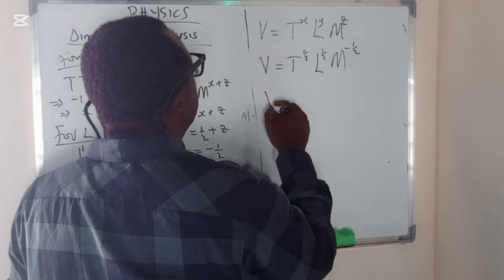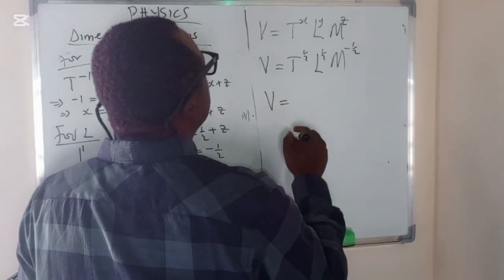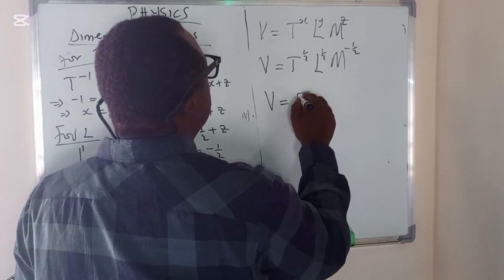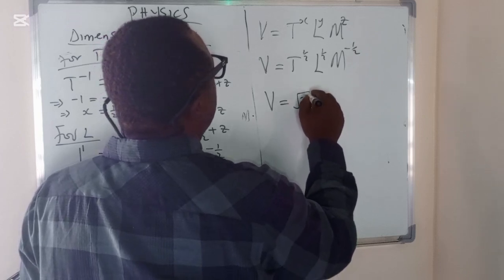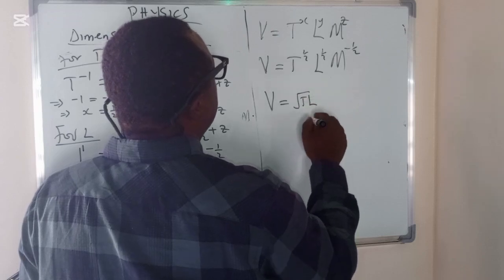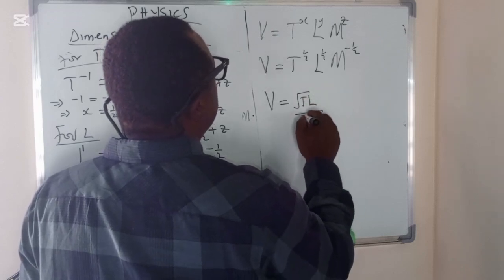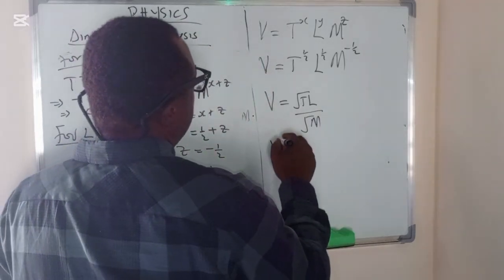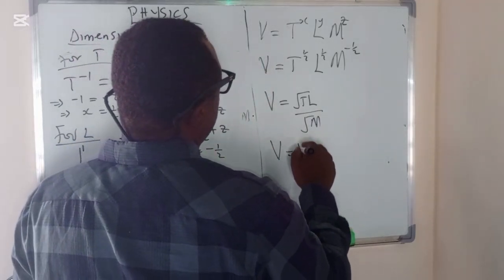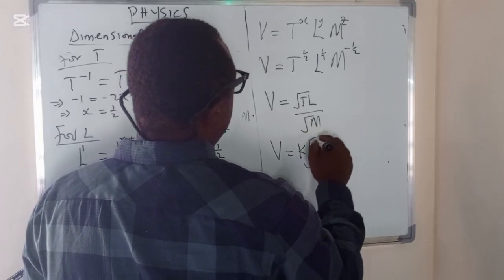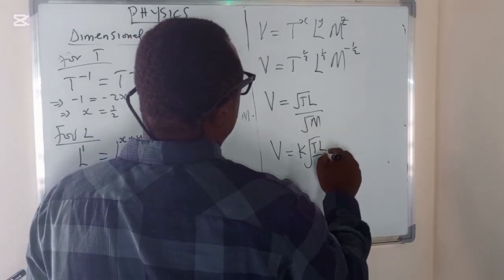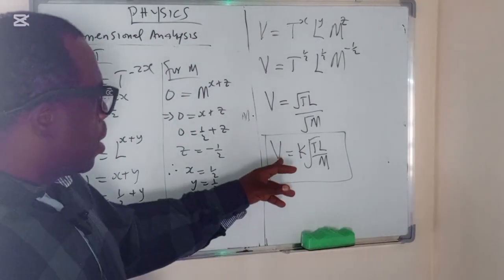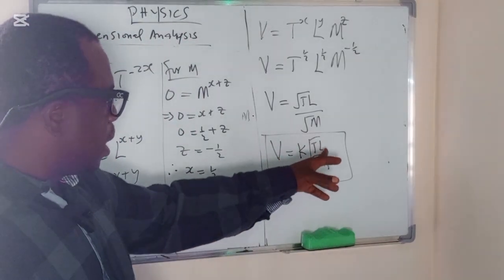So we can write this as v is equal to square root of T L all over square root of M. So we can say that v is equal to k square root of T L all over M. So this is the expression relating v, T, L, and M.